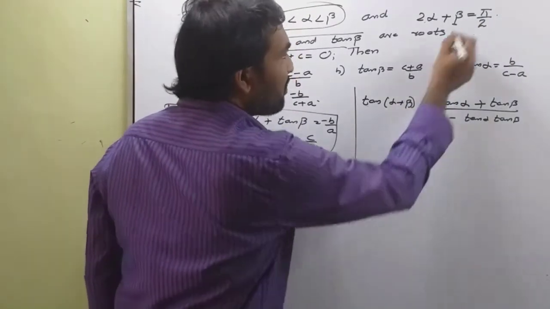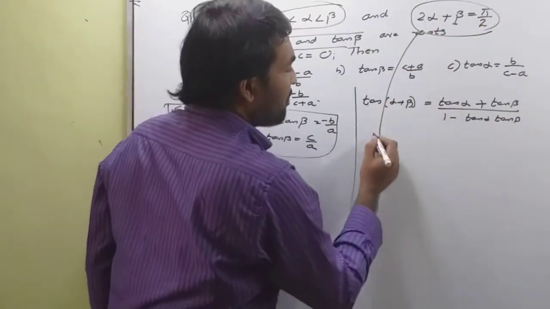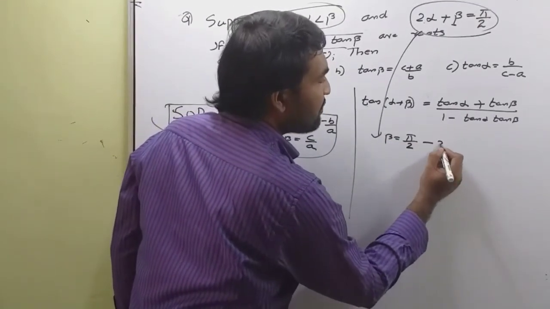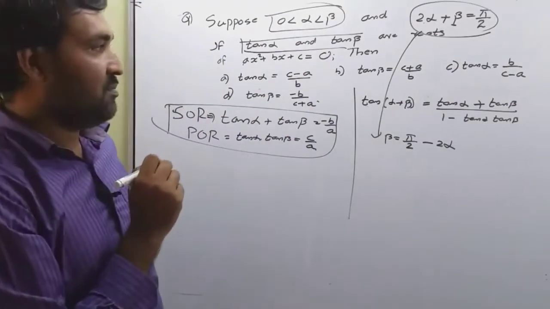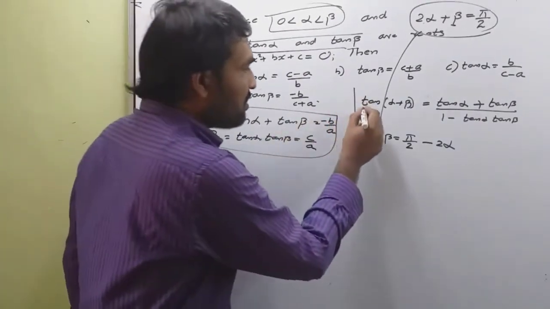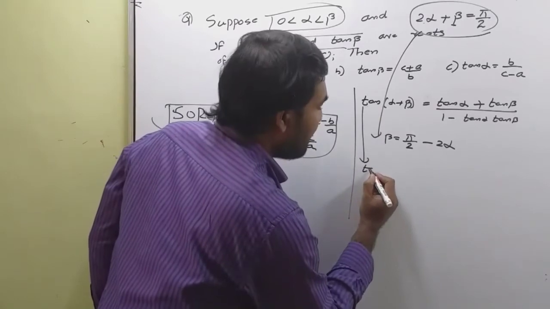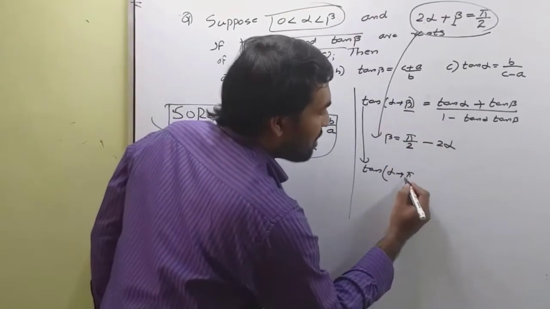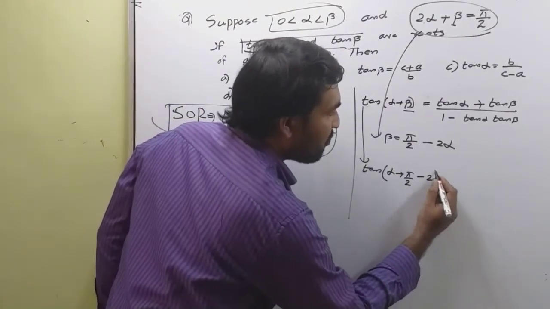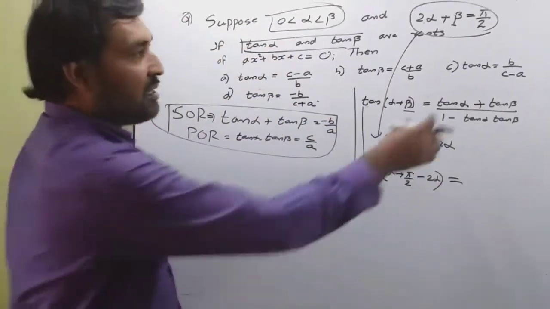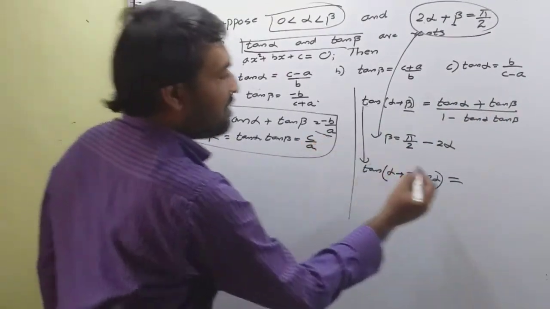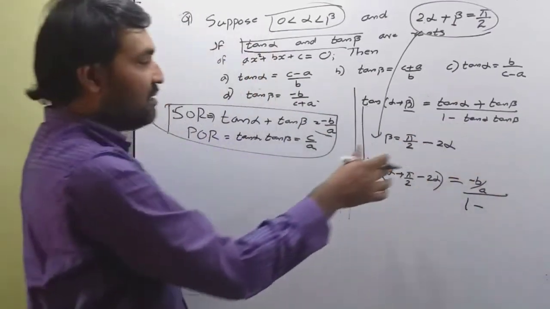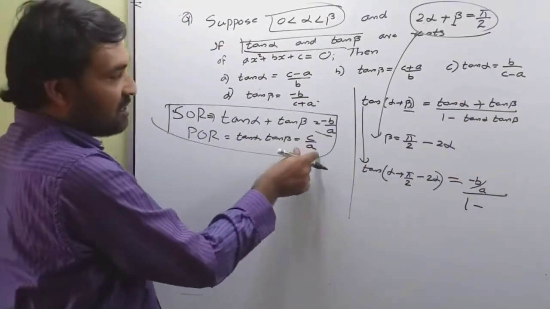So we can put this expression in. Tan(alpha plus beta) is equal to tan(pi by 2 minus alpha), that is equal to (tan alpha plus tan beta), that is minus b by a, divided by 1 minus tan alpha tan beta, and tan alpha tan beta is equal to c by a.